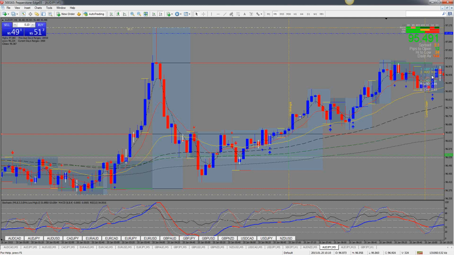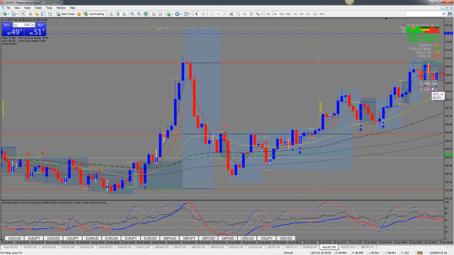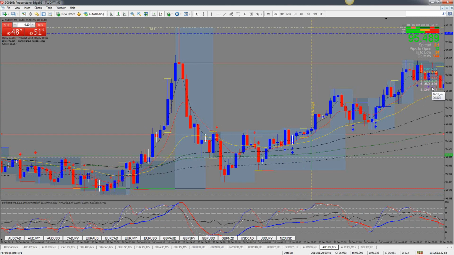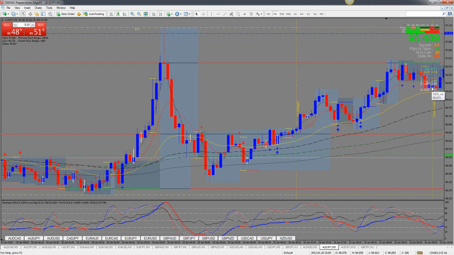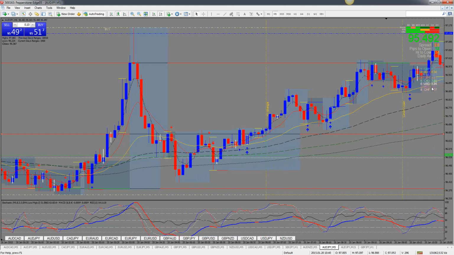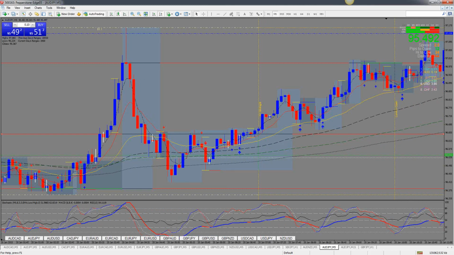See, we had a signal bar here, but my stochastics didn't come up from the bottom. It's right at around 50. So it's an iffy trade for me.